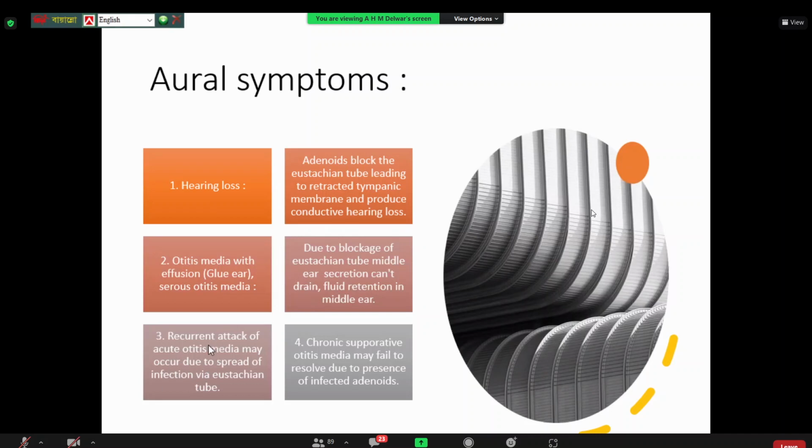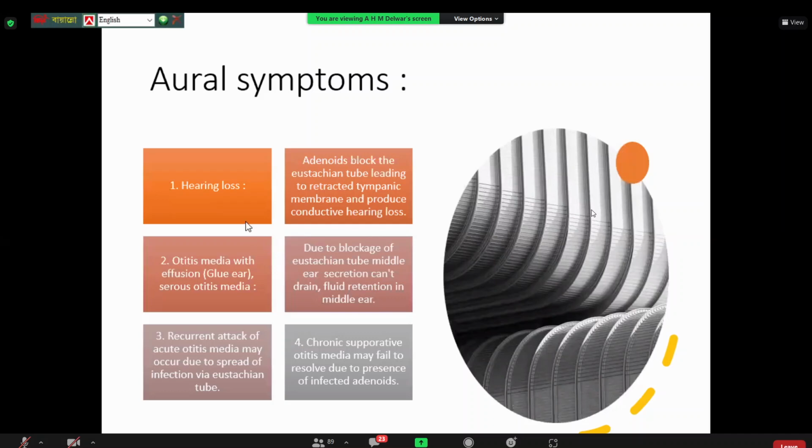Acute otitis media always means acute inflammation, so there is always pain. There are five symptoms. Chronic otitis media may fail to resolve due to the presence of infected adenoids.